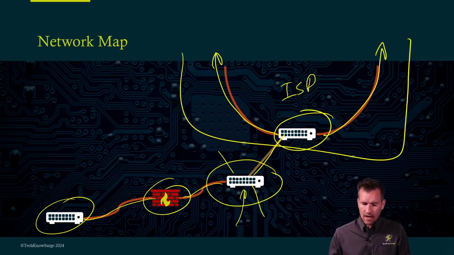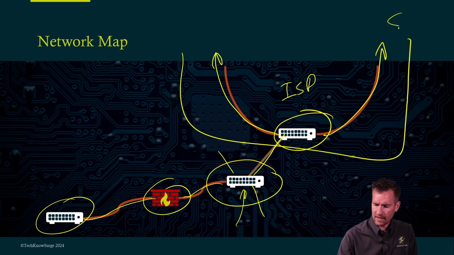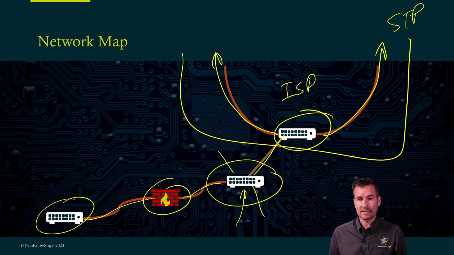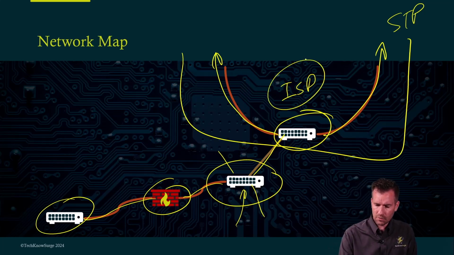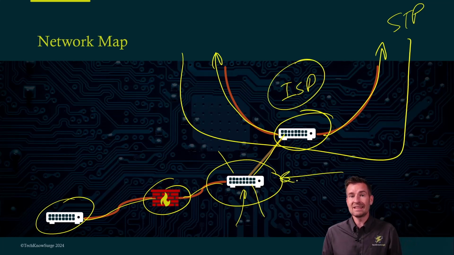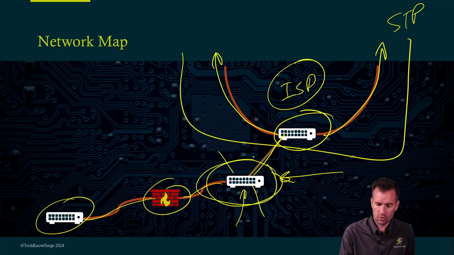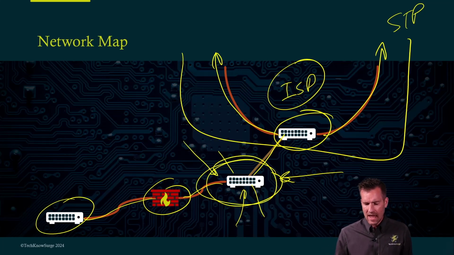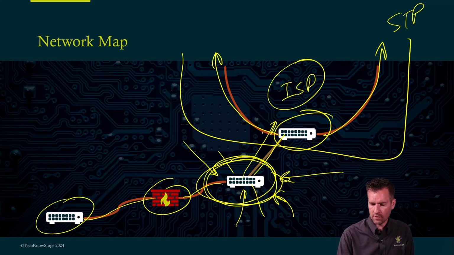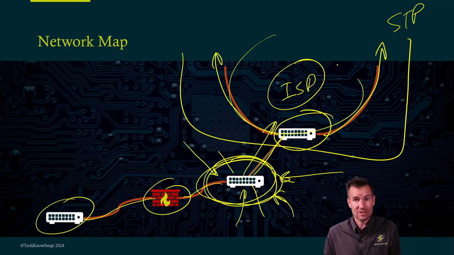But in this, we would want to make sure that spanning tree protocol was working across here, but our internet service provider would want to make sure that this switch right here didn't become the root bridge. It wouldn't be good for this switch to become the root bridge. And since it's my equipment that I'm working on, I could go on there, I could change the priority of this root bridge to take over the rest of the network, which would not be a good scenario right there.